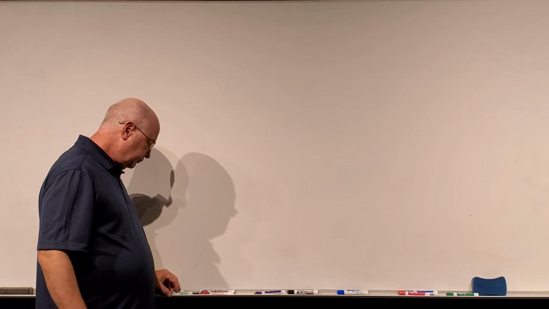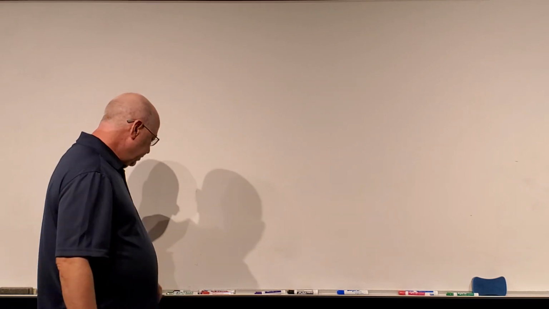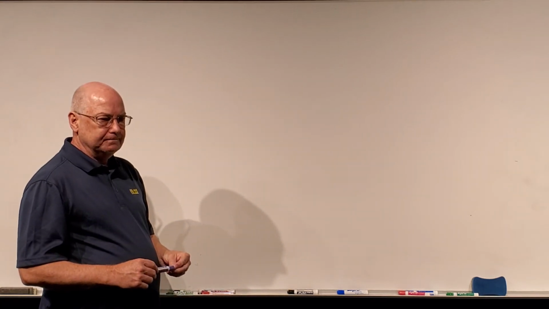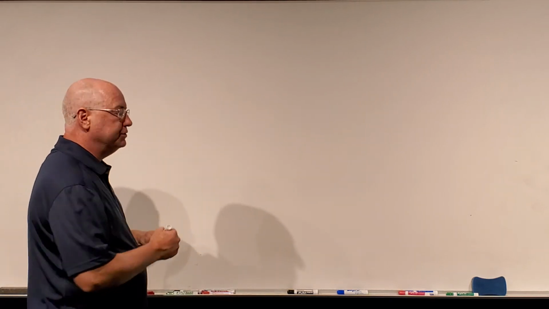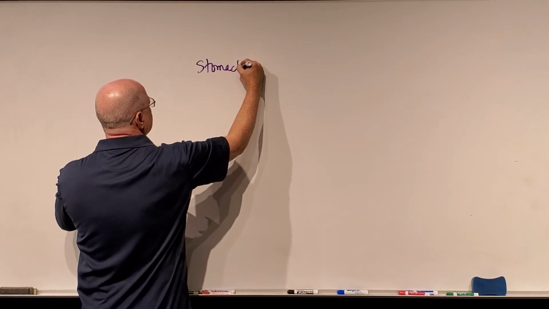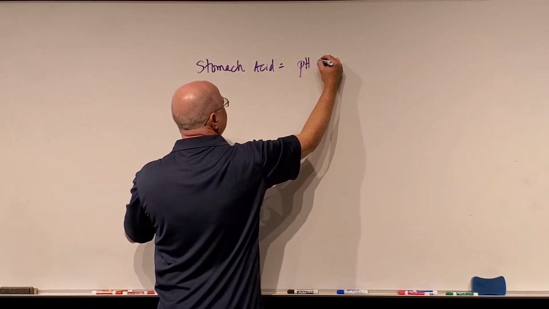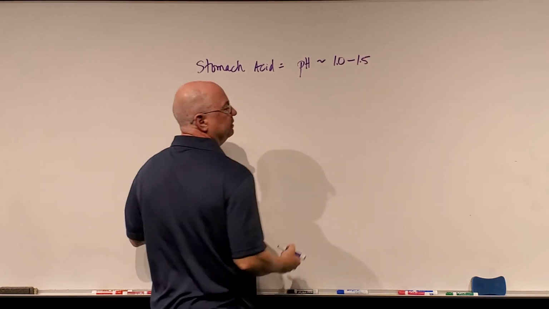Finally, when it comes to this pH thing, one of the things I want to get across to you is this. Let's say I take some different substances. Let's say I take stomach acid, which is a pH of about 1.0 to 1.5.